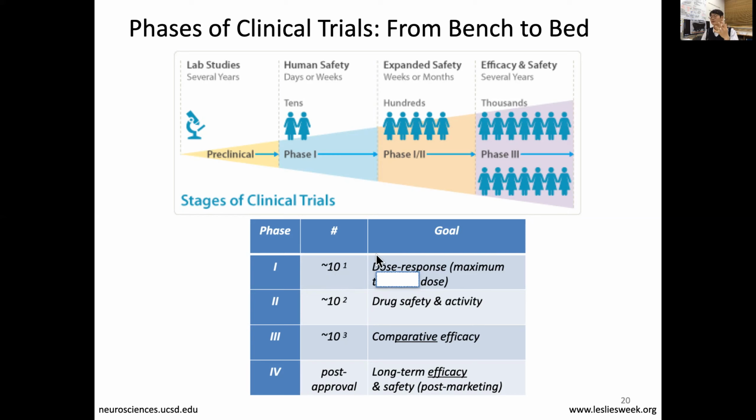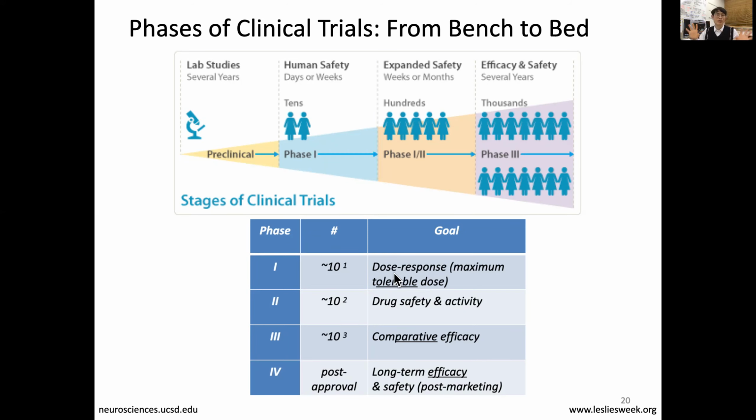We give the drug to healthy normal people by escalating the dose, so we can find out the dose response of this candidate compound, escalating the dose until we see side effects. That we call the maximum tolerable dose, MTD, figured out in phase 1.